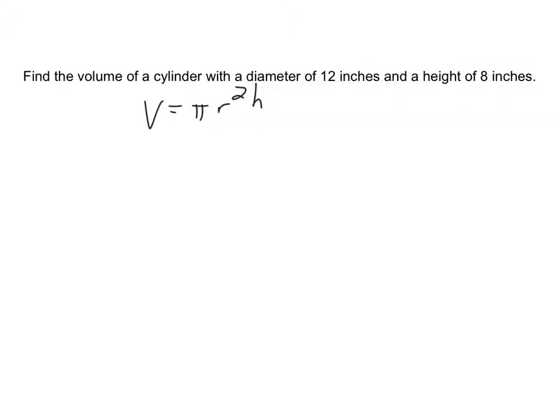So now we have a cylinder with a diameter of 12 inches and a height of 8. Now we are given the diameter, but we're using radius. So if we are given diameter, remember radius is half of that. So half of 12, we're going to use 6 for our radius. So we'll put that in for R. 8 is our height.